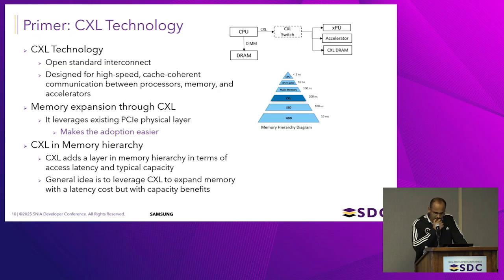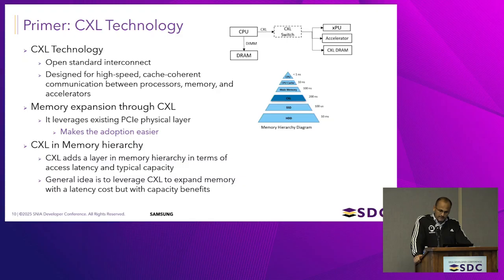So we will start with a few basics about CXL technology here. This is again to set the foundation. We will not go much deeper. As we know, CXL is an open standard interconnect for memory fabrics use cases. It's designed for high-speed cache coherent communication between processors, memory, and accelerators, and so on.